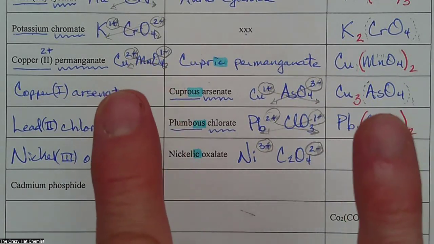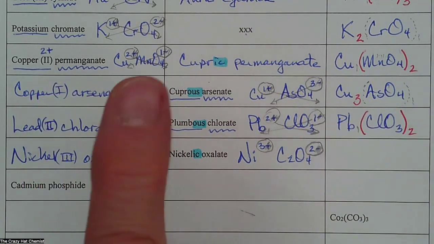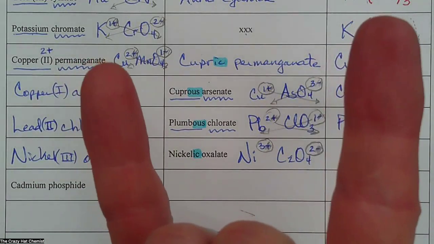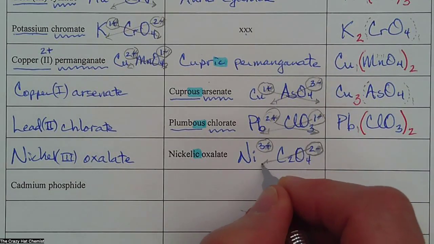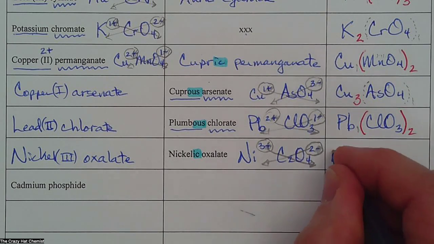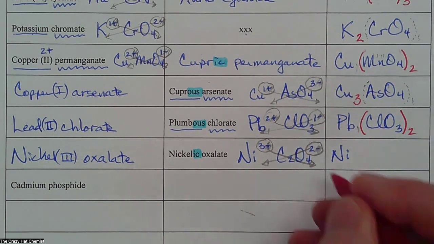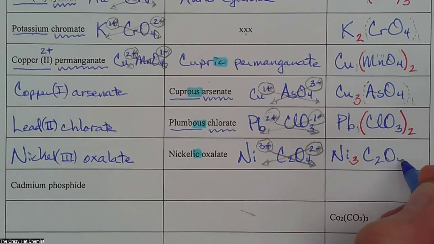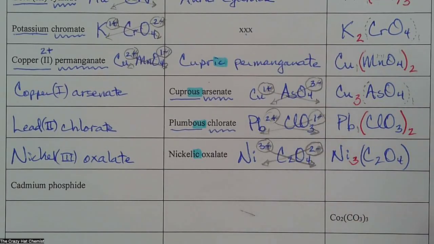That's a 3, that's a 2. Flip and bring it down. And that 2 comes over down here. That 3 flops down over there. So I'm going to have an Ni with a 3, and then C2O4 in parentheses. Whoops, sorry, I apologize.